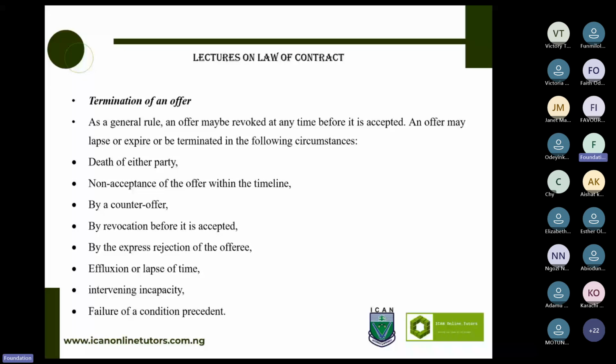So these factors can affect it. For instance, you actually don't know that on the house that you propose to buy, there is a counterfeit on it. You don't know. Now you get to know. Will you still continue? No, you have to stop that offer. So that is a very good example.